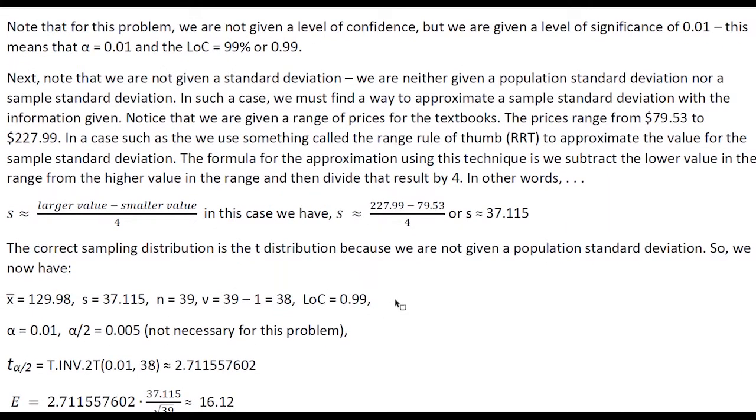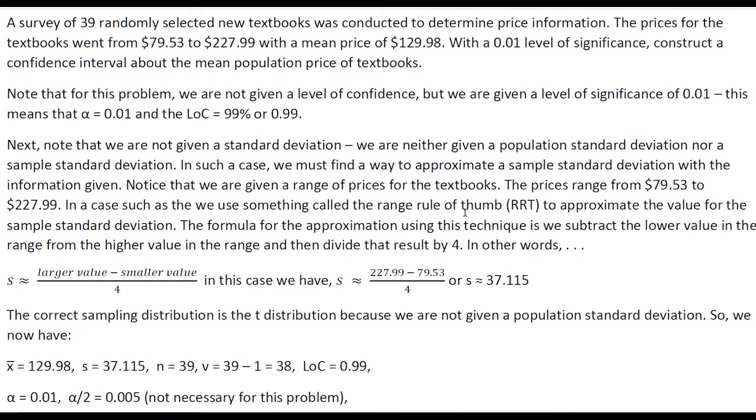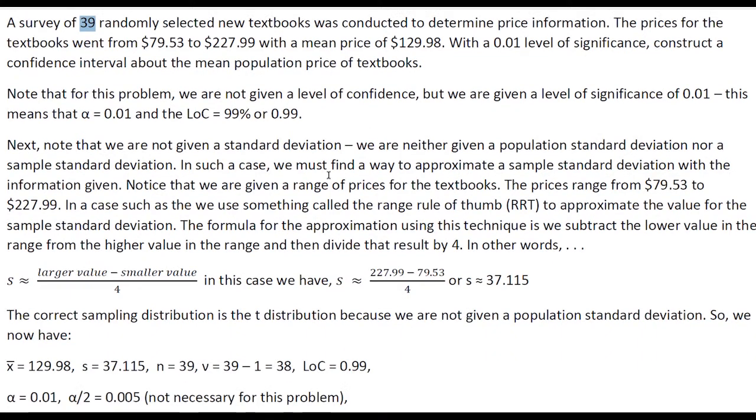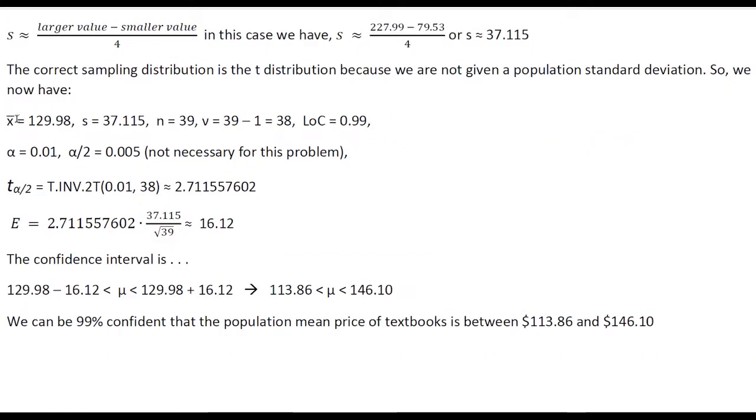Being that we do not have a population standard deviation, we must use the t distribution in this case. And if you notice, we are given a number of textbooks that we surveyed, which was 39. We have an X bar, or my sample mean, of $129.98.